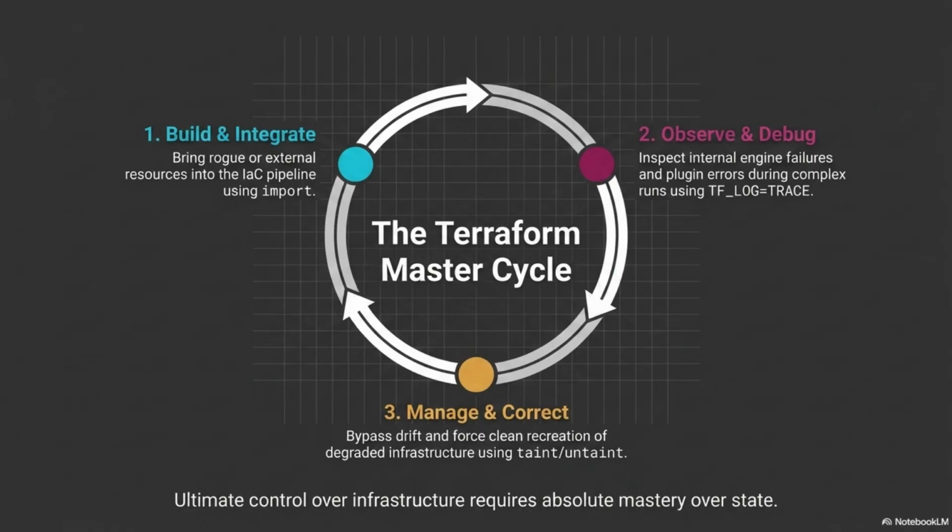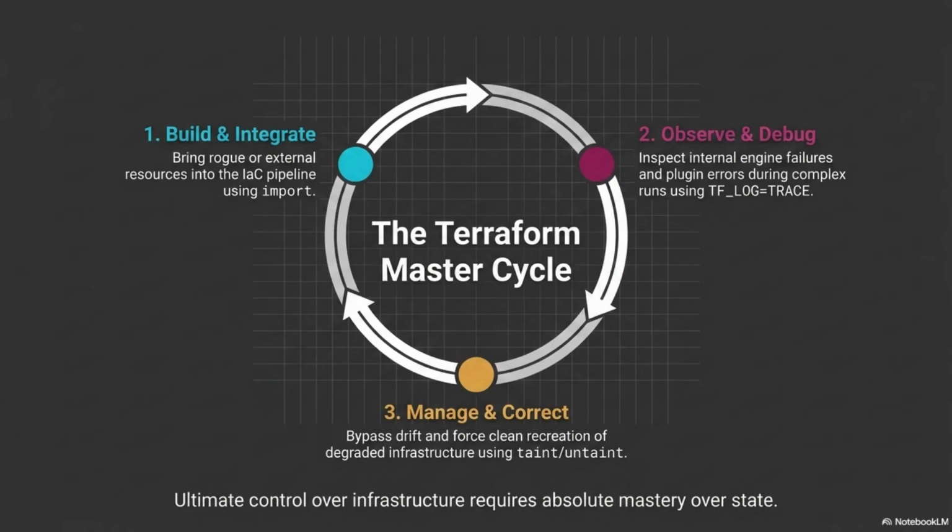No more resources that exist outside your awareness. Everything gets pulled into the fold. Step 2. Observe and debug. When complex runs produce errors that standard messages can't explain, you activate TF_LOG=TRACE and inspect the internal engine. Plugin failures, RPC handshakes, state lineage, you see all of it. You diagnose with precision instead of guessing.